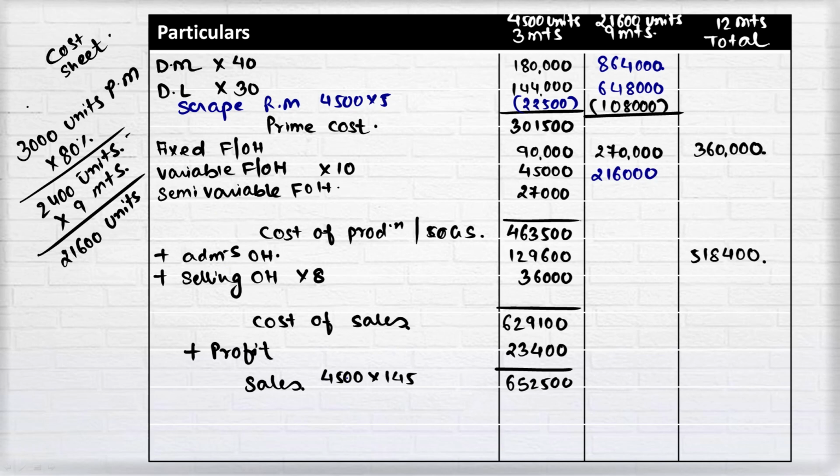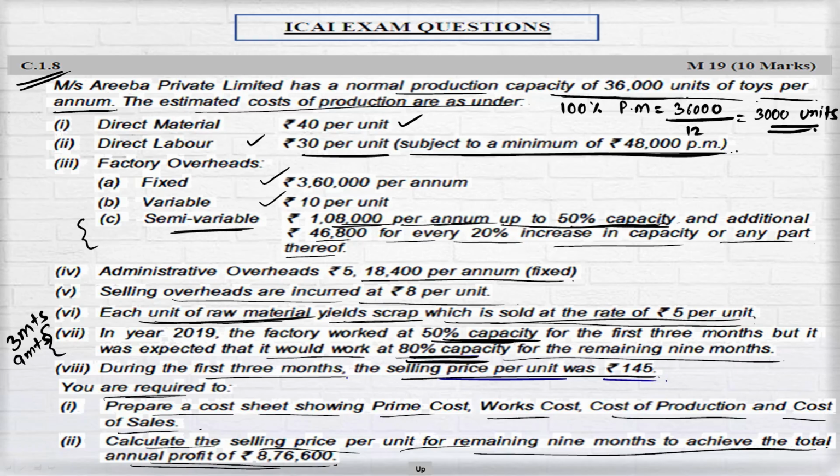Semi-variable overhead I will be doing. Please concentrate. The semi-variable overhead is somewhat typical. It is 1,08,000 per annum up to 50% of capacity. Are you working at 50% or 80% of capacity? 80%.